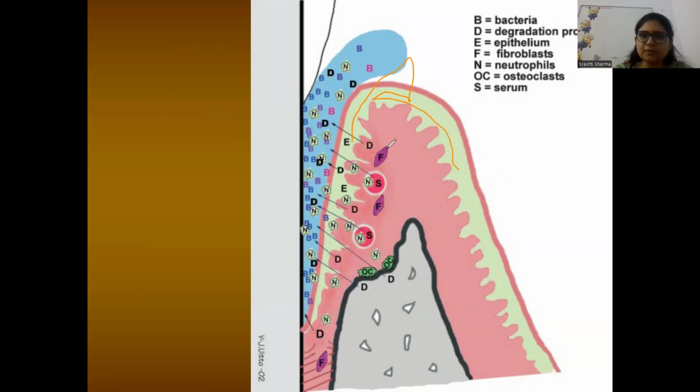Then the fibroblasts which are present over here. Then in this fluid there are neutrophils. Then there are osteoclasts. Fine. And then we have serum. This is serum, which travels from this side to that side. Osteoclasts are present over here. You can easily demarcate.